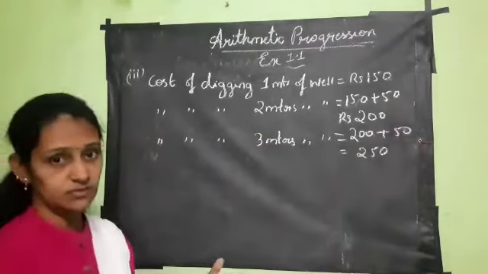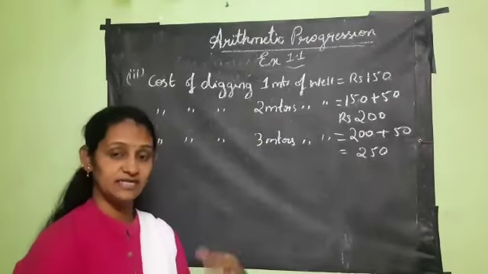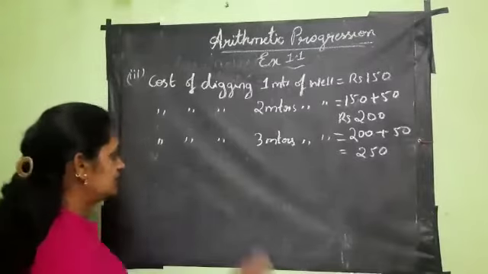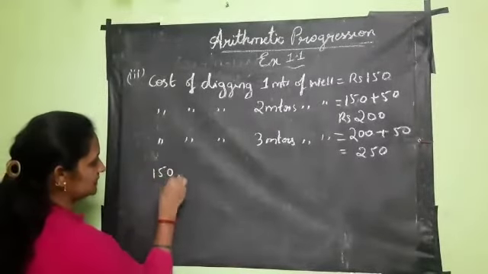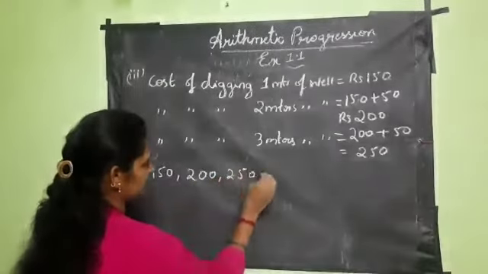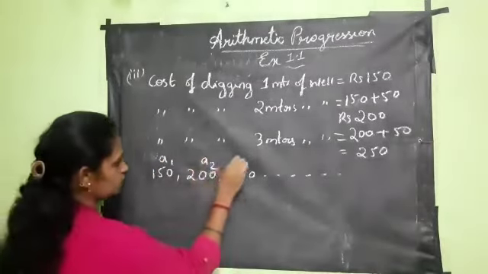So the sequence which we get by the addition of 50 rupees for each subsequent meter of well digging is 150 rupees, then comes 200, then 250. So consider A1, A2, A3.